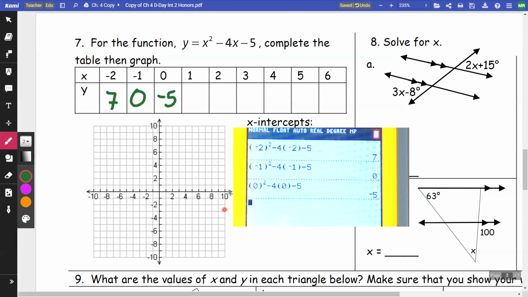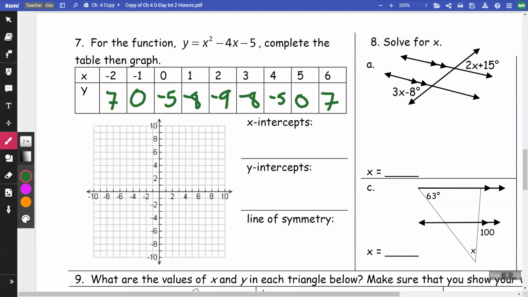Then we can fill out the rest of it. So I have a -2, 7; a -1, 0; a 0, -5; a 1, -8; a 2, -9; a 3, -8; a 4, -5; a 5, 0; and a 6, 7.